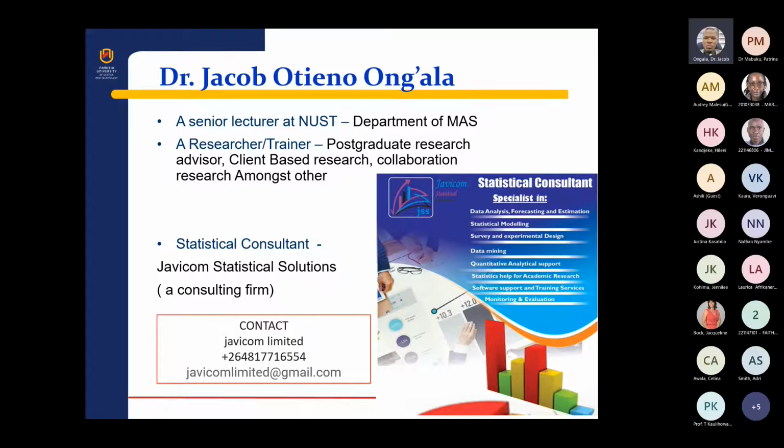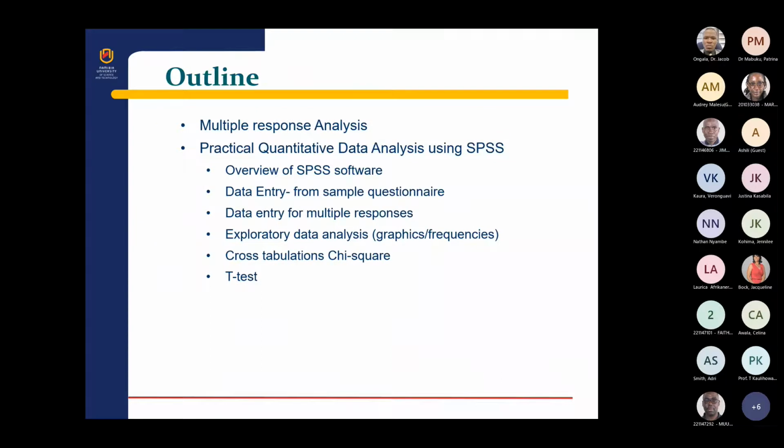Data mining, now we are talking of big data, we are really into that. We are also doing some sort of quantitative analytics and software support up to monitoring and evaluation. So if you are interested in any of those, you can always contact me on the email address that is attached there.